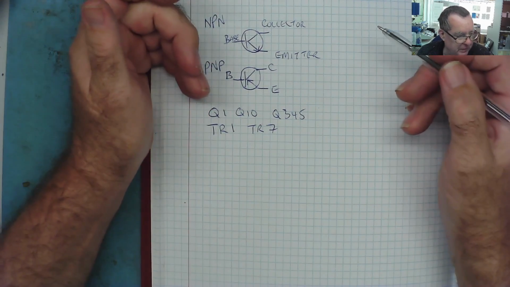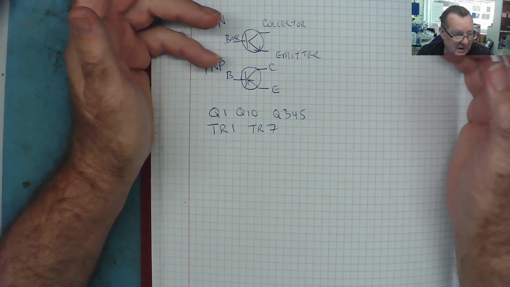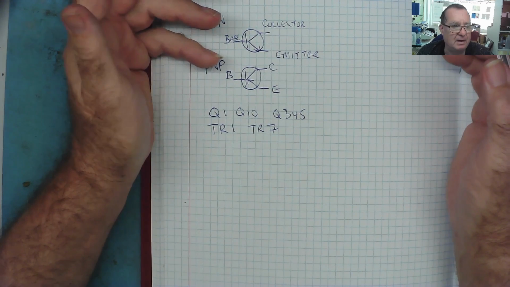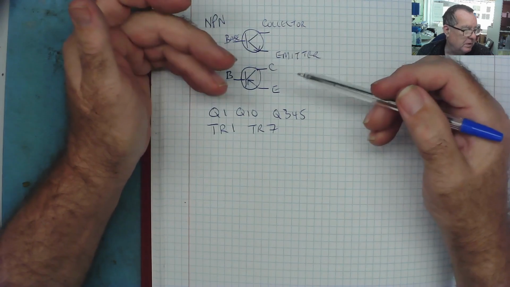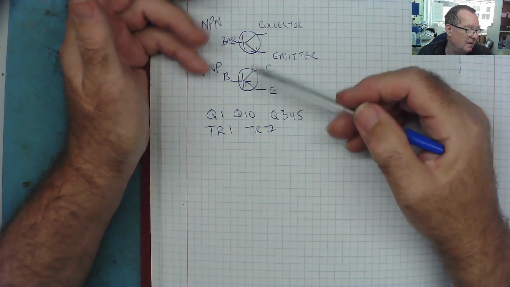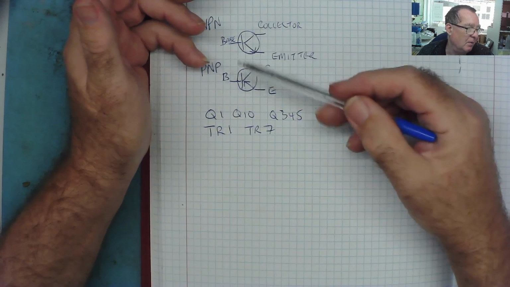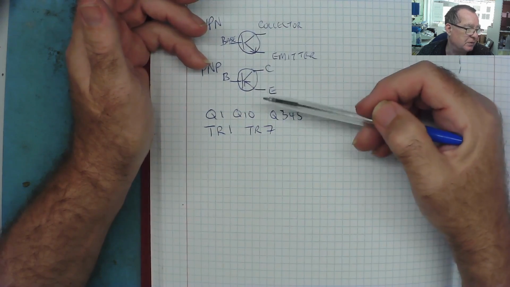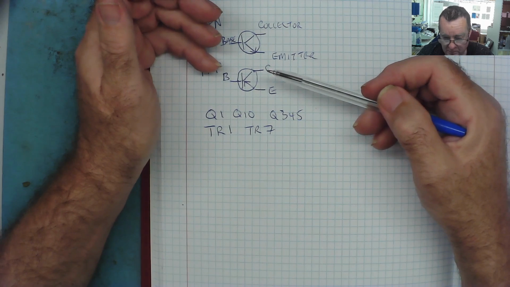So we're going to do this using a semiconductor analyzer because they are cheap to buy these days and they're very handy and very useful. But we'll test them with a multimeter as well. So we're going to have a quick look at how we identify a PNP transistor, how we identify an NPN transistor, and how we identify which pin is which, and how we identify whether it is actually a good component or not.